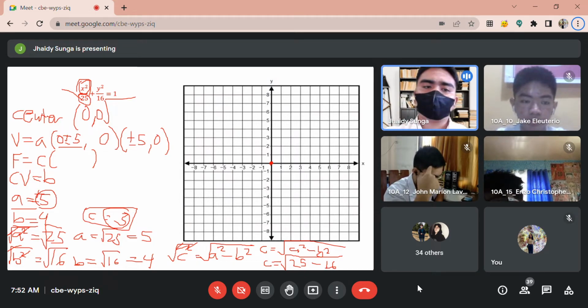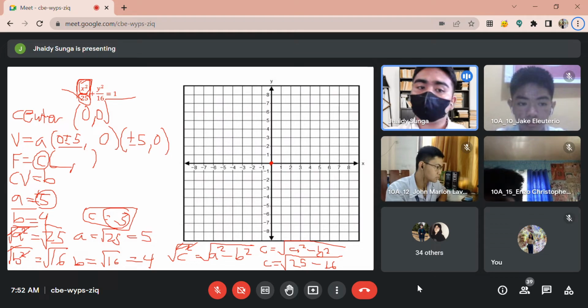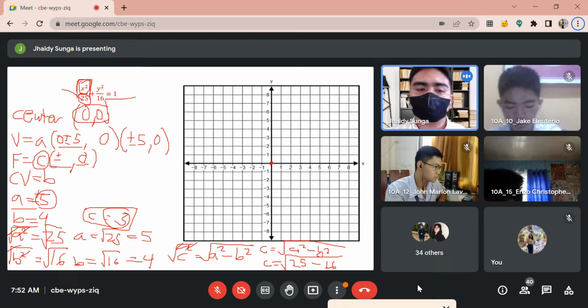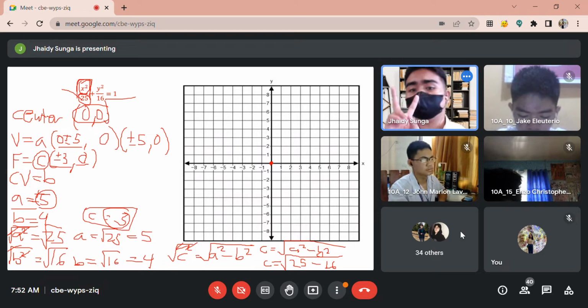If your y-intercept is 0, then your x-intercept would be positive and negative, because you have two coordinates. So you are going to add and subtract. Later, we are going to plot that one.